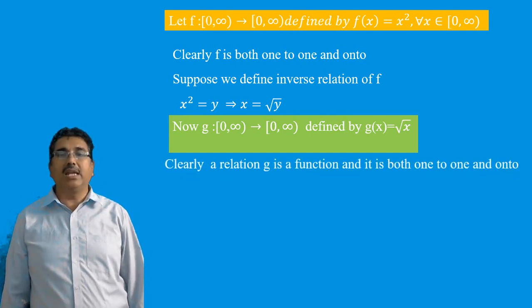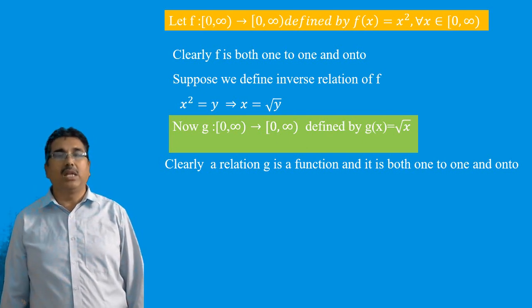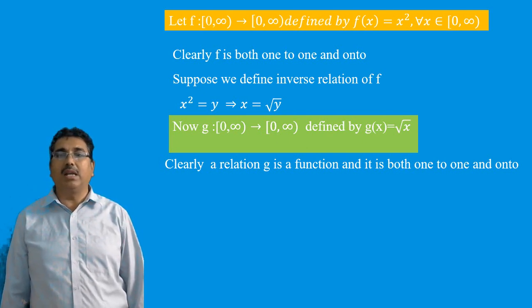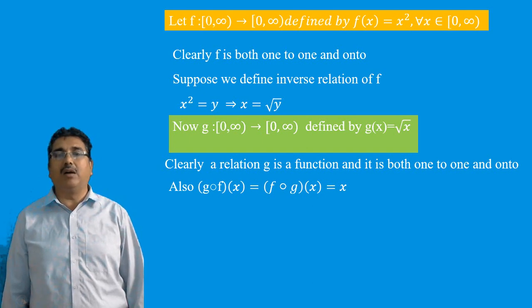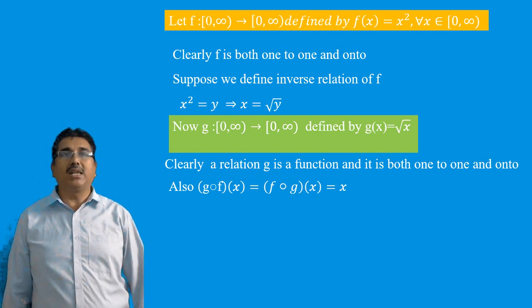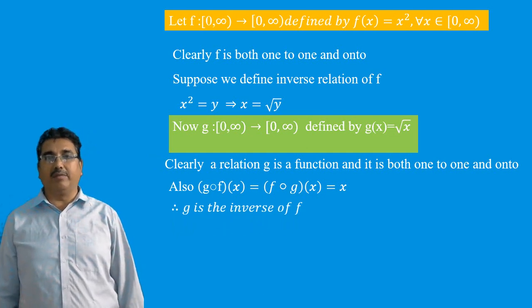Clearly, the relation g is a function and it is both 1-1 and onto. And g circle f of x is equal to f circle g of x equal to x. So, I got the answer to the question. Therefore, g is the inverse of f.